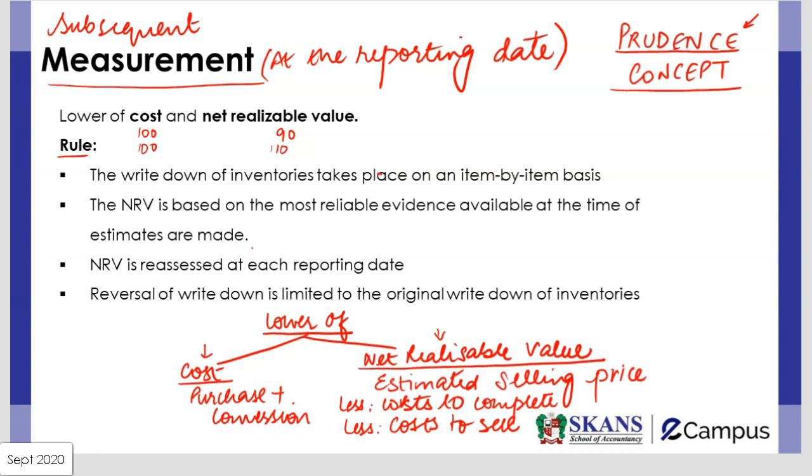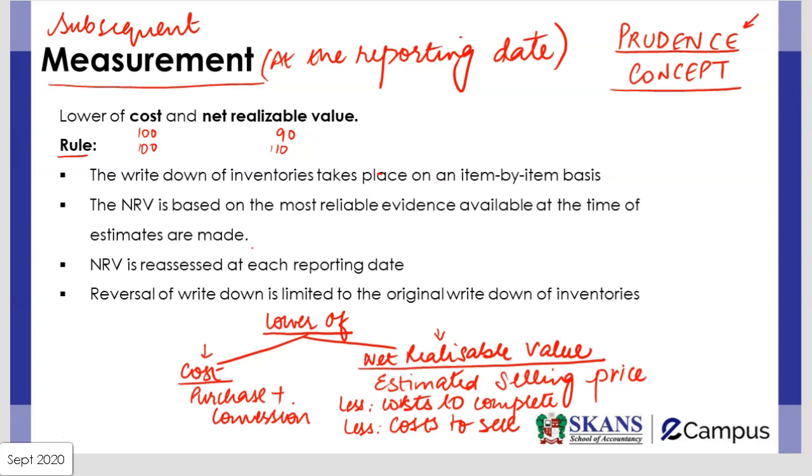The NRV is based on the most reliable evidence available at the time the estimates are made. Yes, definitely at the reporting date, NRV is always calculated at the reporting date. And as we just discussed, this should be the best available estimate at the reporting date. Once NRV is calculated, naturally speaking, our intention always is that we are going to sell the inventory within one accounting period.